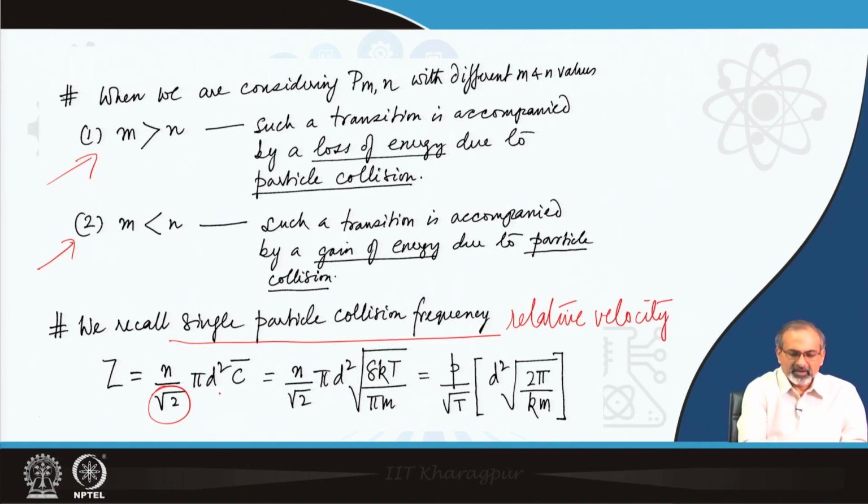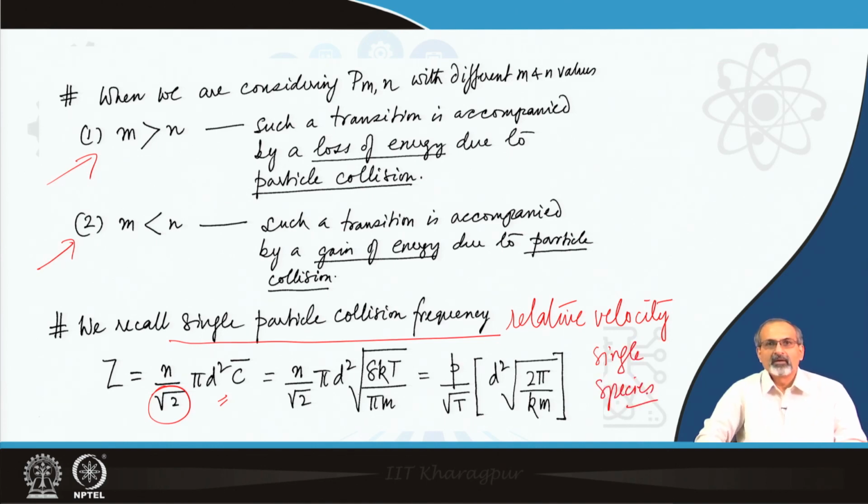Also, because you do not have any subscripts here, for example, it is implied that it is a single species. So, finally, what you see over here in terms of pressure and temperature can be represented like this.